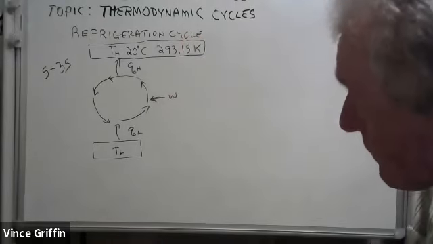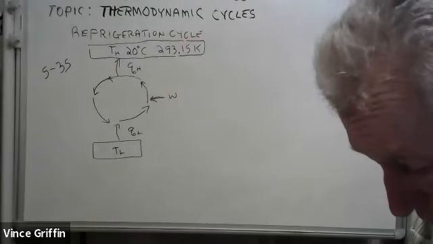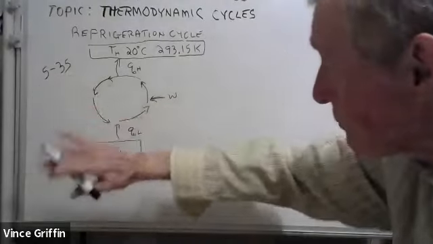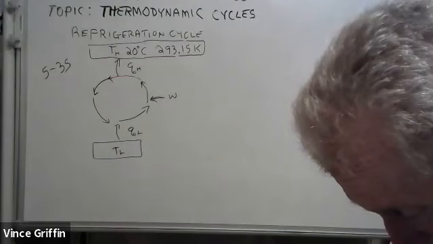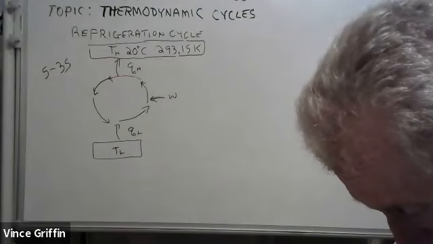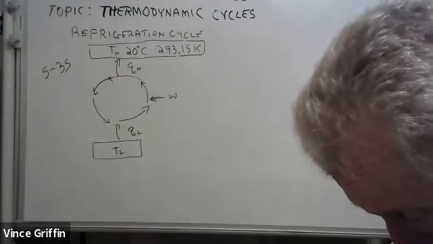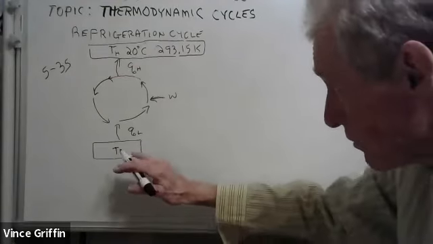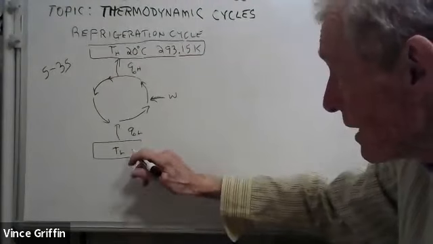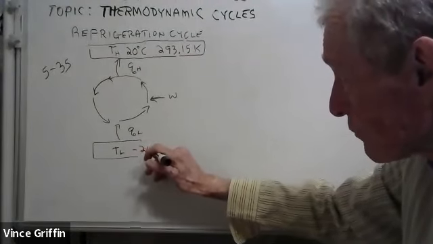Now keep reading. Right now we're doing problem 535. It's a refrigeration cycle. Heat must be transferred from the cold space at a rate of 2 kilowatts to maintain its temperature at minus 20. You know what this is? This is minus 20. It's a freezer.